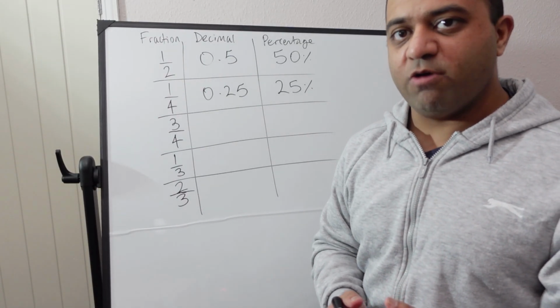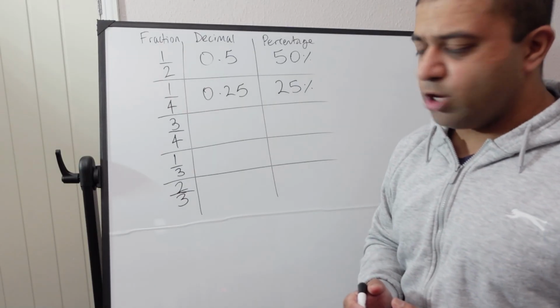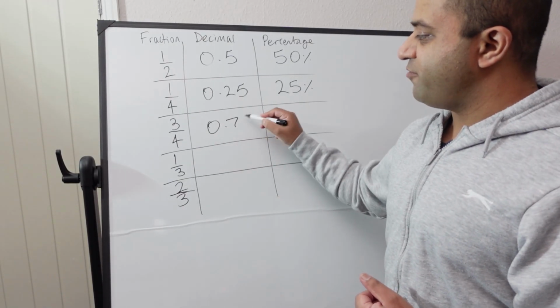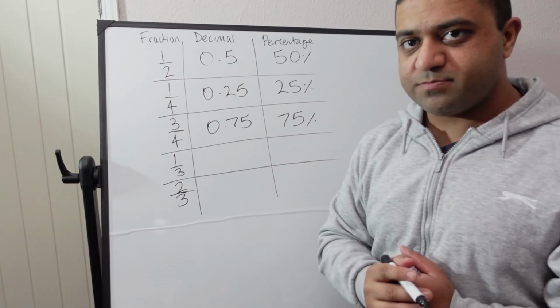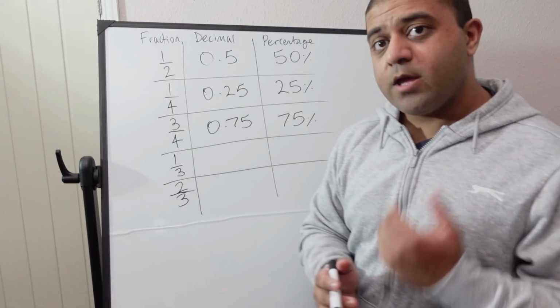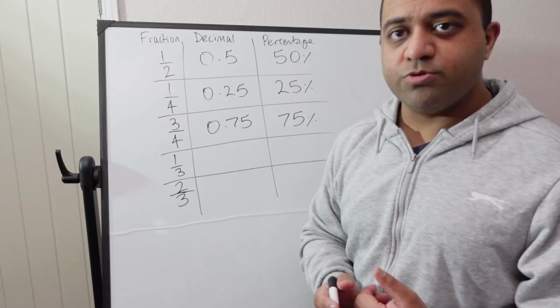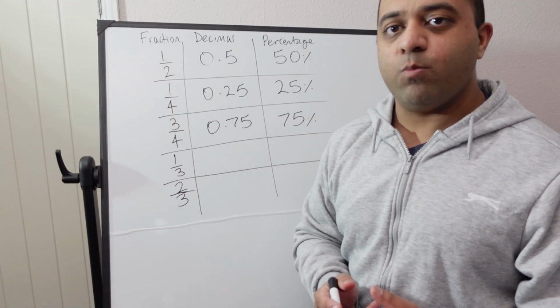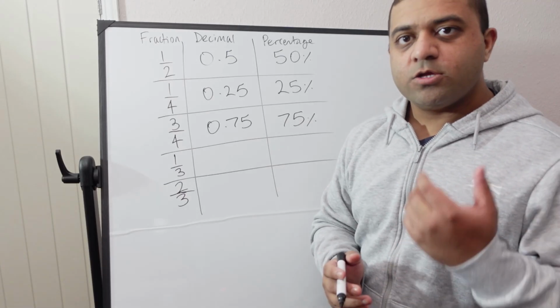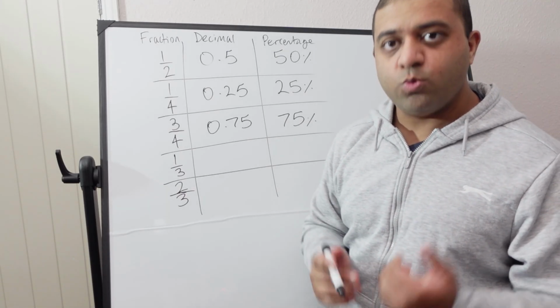3/4 is also a very common number that we'll need to know, which is 0.75 and 75%. Now, 1/3 and 2/3 are a bit awkward. I'll show you and then we'll fill in the table. To work out 1/3 as a decimal, we'll do the division.